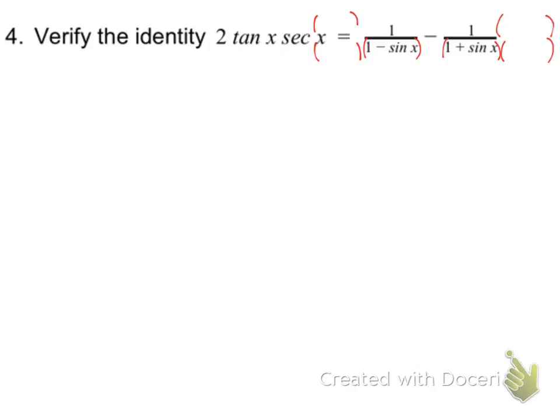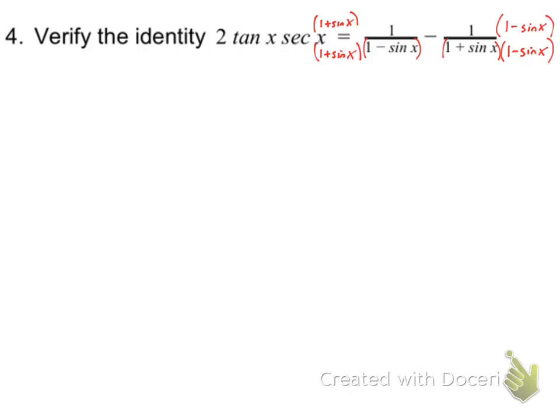What should I multiply the top and bottom of the first fraction by to make it have a common denominator? The first one, yeah. 1 plus sine x. You multiply the top and bottom because really you're multiplying by 1. It doesn't change it, yeah? The second one, I multiply by 1 minus sine x. Okay?